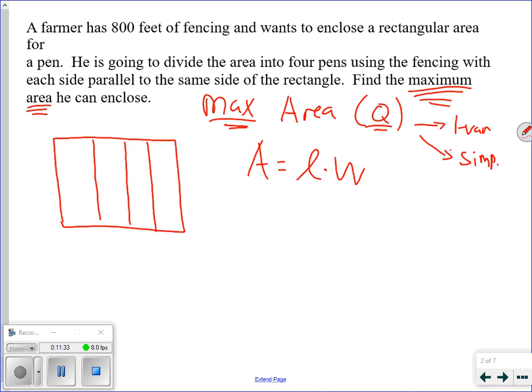Find the maximum area he can enclose. So I'll call this vertical distance x and this horizontal distance y. Okay? So my area is equal to x times y. But again, it's not one variable. But how can I use my conditions to get it in one variable? Think of it this way.